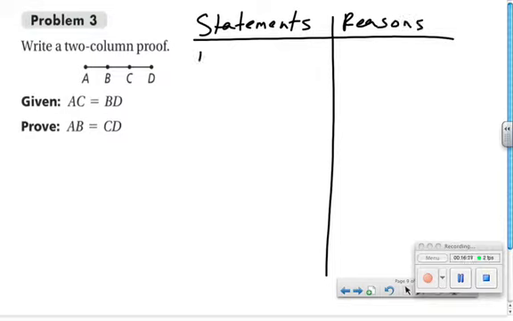Almost invariably, about 99.9% of the time, when you are doing geometric proofs in this class, you will start those proofs with the given. Notice in this proof, we are given that the length of AC equals the length of BD. And our reason for that is just, it's what was given to us.